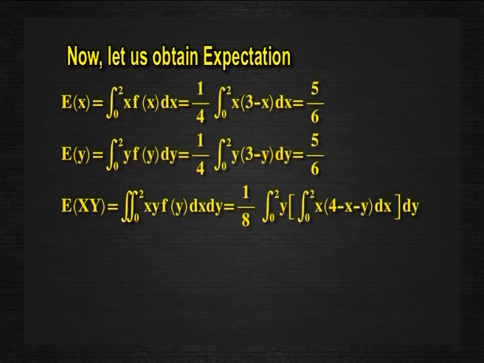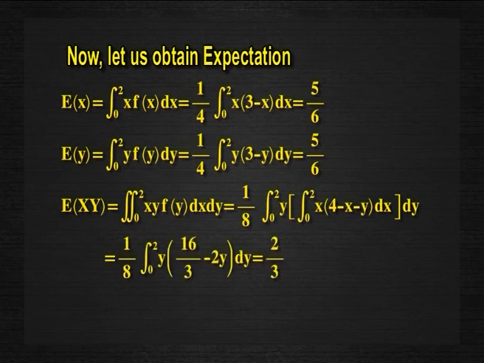Expectation of xy is equal to the double integral from 0 to 2 of x times y times f of x, y dx dy, which is equal to 1 divided by 8 times the integral from 0 to 2 of y times the integral from 0 to 2 of x times (4 minus x minus y) dx dy. By integrating the terms in the bracket and simplifying, we get 1 divided by 8 times the integral from 0 to 2 of y times (16 divided by 3 minus 2y) dy.